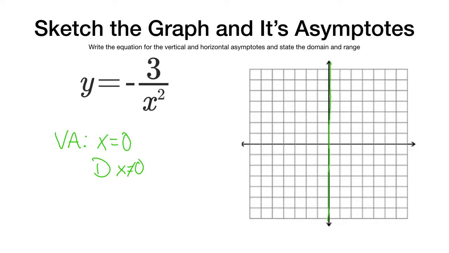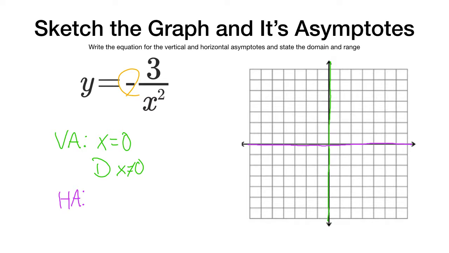Now let's talk about my horizontal asymptote. So in this case, my horizontal asymptote is going to be dealing with, as I go out to infinity, what's going to happen. And even though I said x squared, it's still going to reach closer and closer to 0 as we go out. This says -3, which means it's going to be on the bottom.